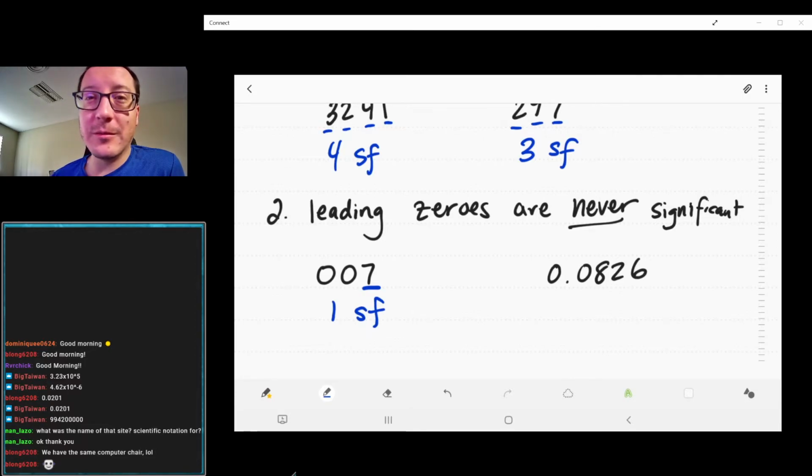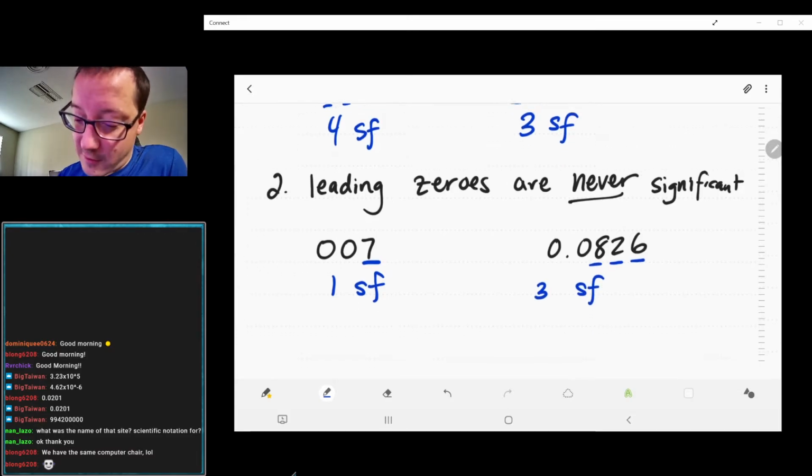Nobody would typically say I have 010 bananas, it's just way more work. You don't need it. So those don't count. It's going to be the same case if you have a decimal point. We're going to see that this number is going to just have 3 significant figures.